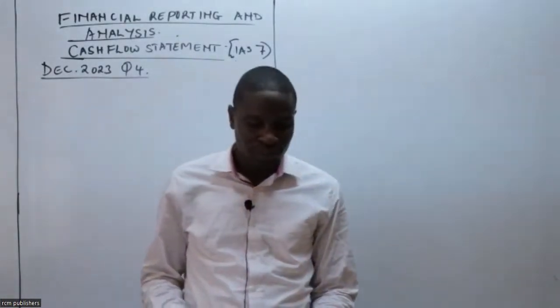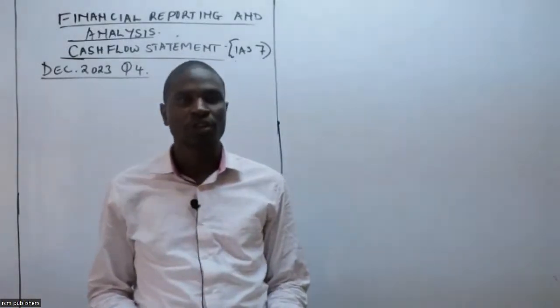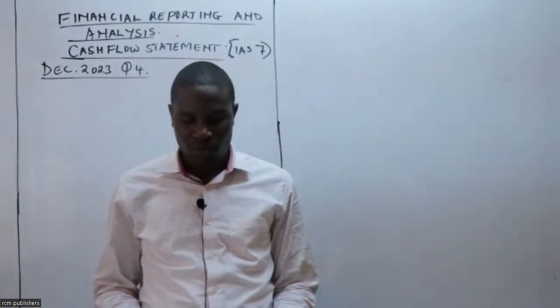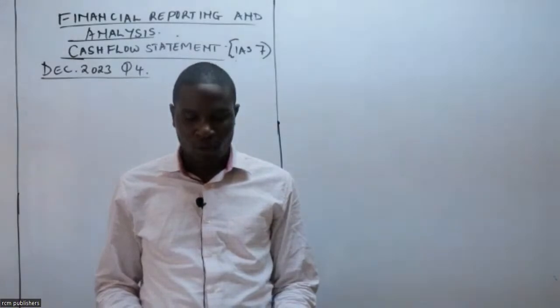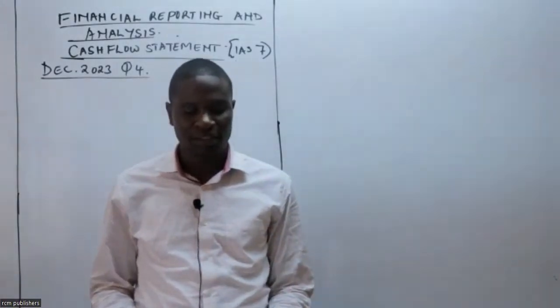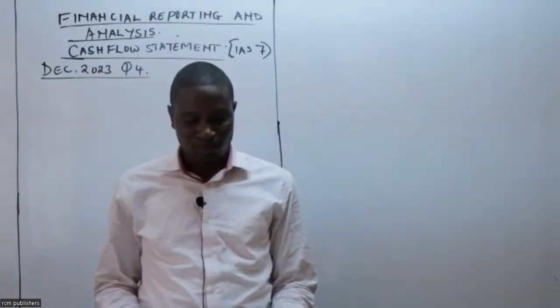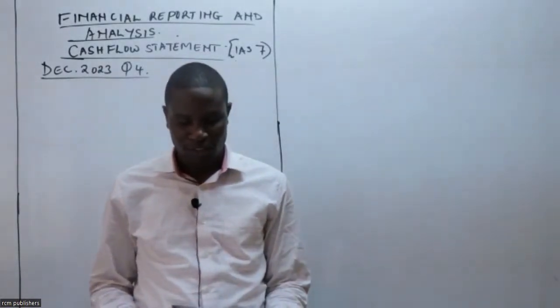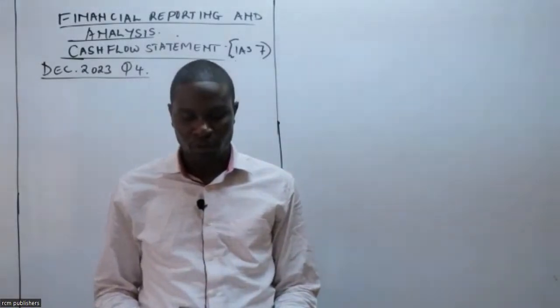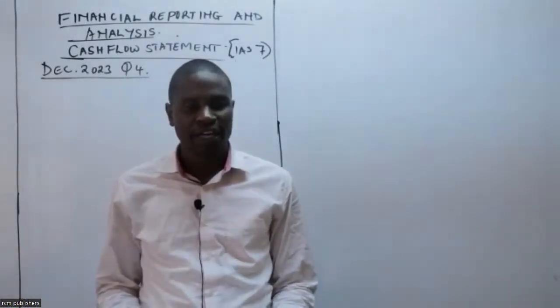Then two, during the year ended 31st October 2023, Bundo Limited acquired some patent rights at a cost of 5 million. I hope you can see that. Any amortization of intangible asset has been included in administrative expenses. Good.